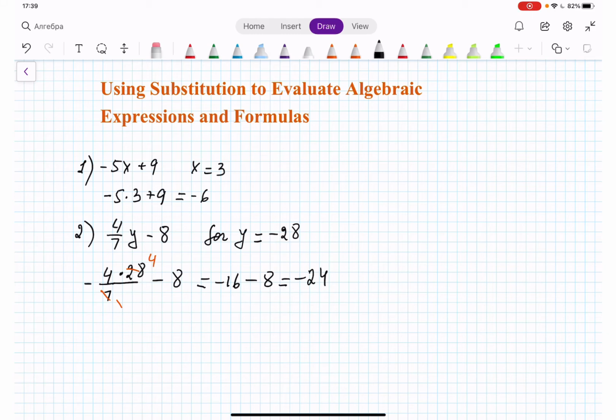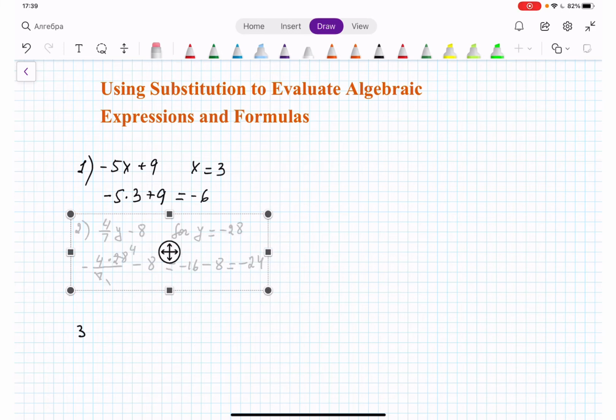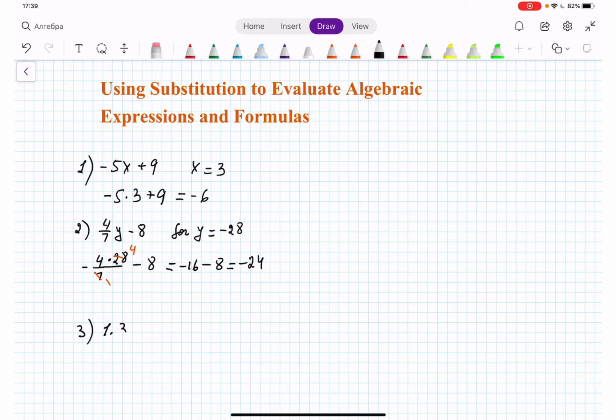Next one, number 3. 1.3 minus 3x for x is equal 3.6.